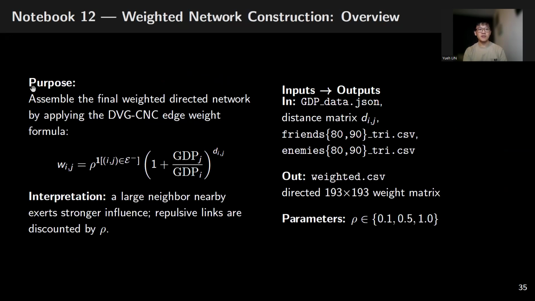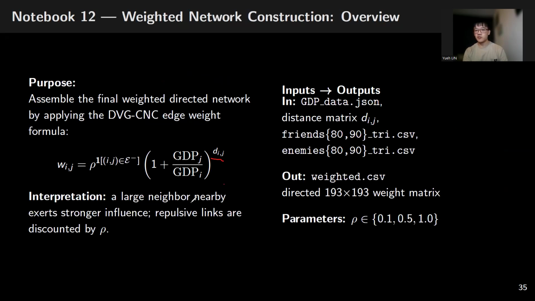After that, it will be the next notebook for weighted network construction. These are the formulas that we talked about in the previous lecture, with the GDP, distance factor, and different rho. The distance factors are covered in the previous 11th notebook.